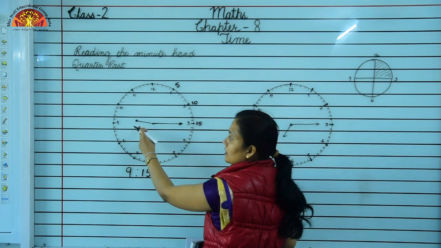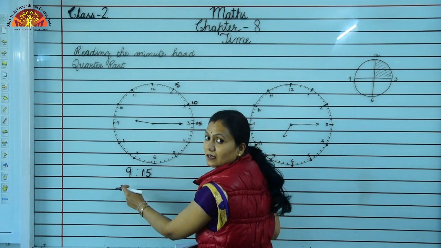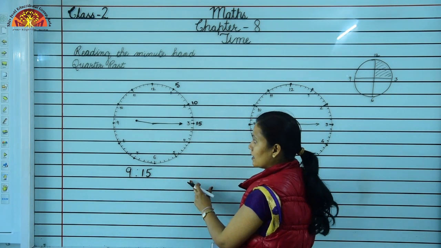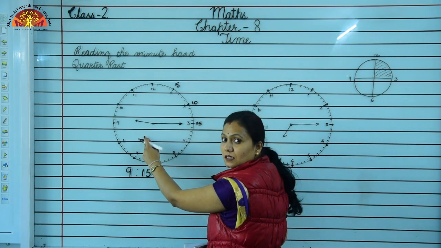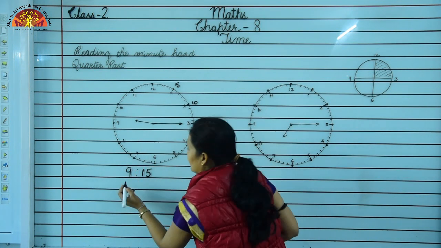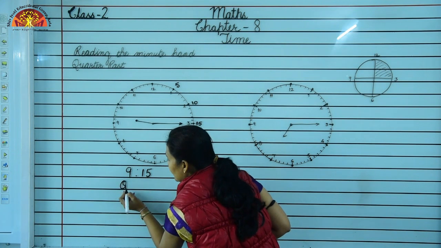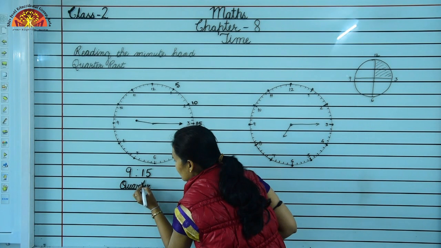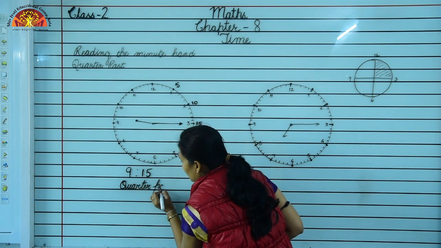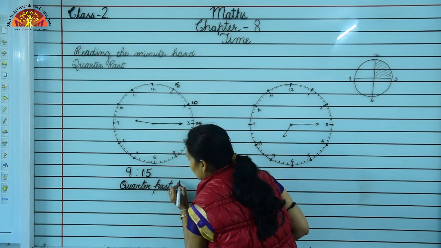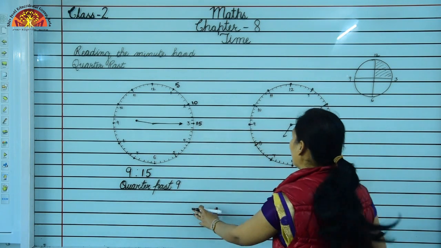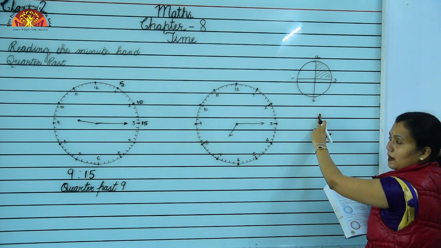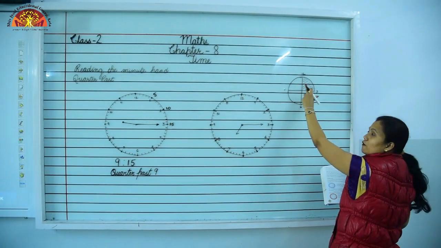That's why we can say that the time is 9 hours 15 minutes, or we can say it is quarter past 9. So we can write it as quarter past 9.